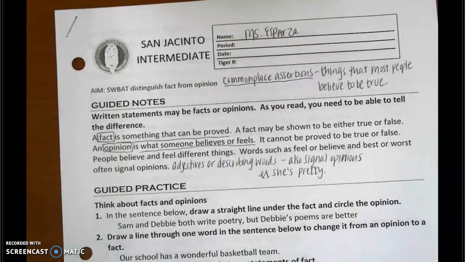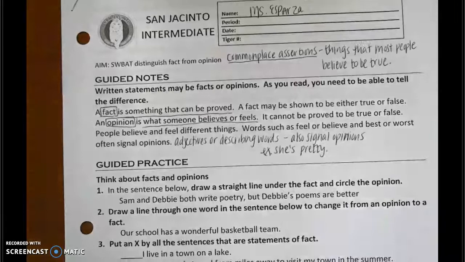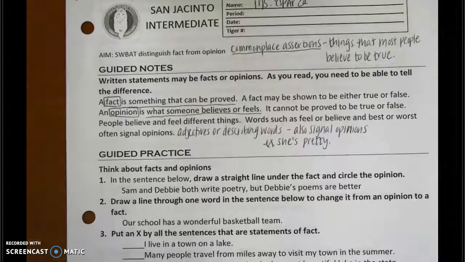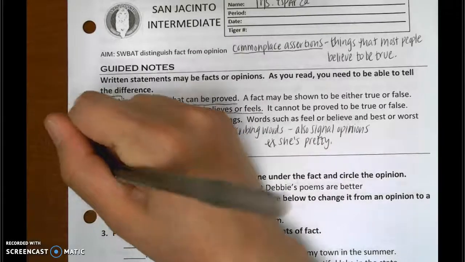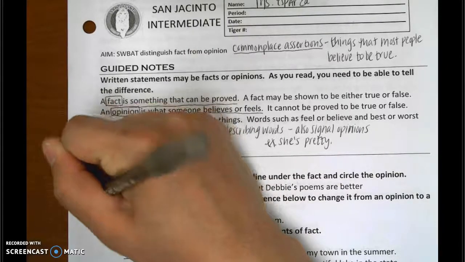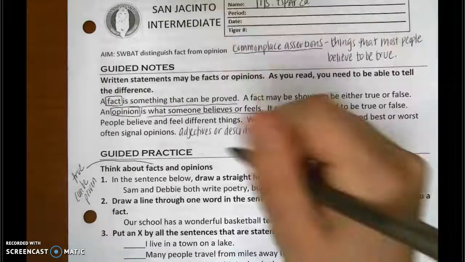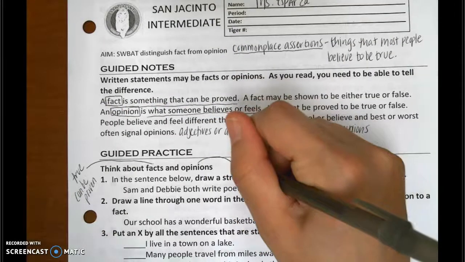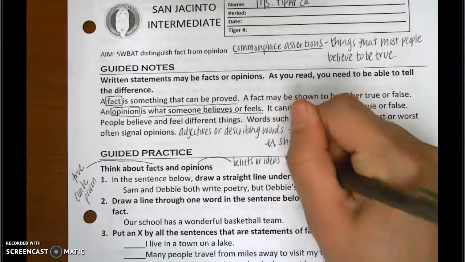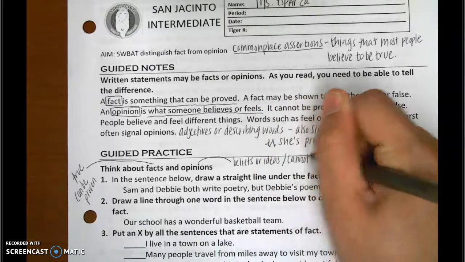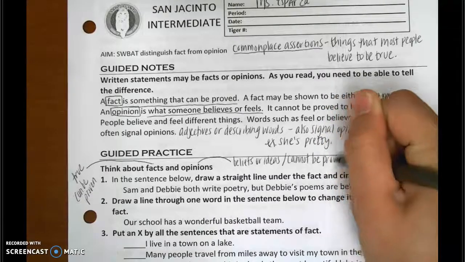Now let's take a look at our guided practice. Think about facts and opinions. Remember, facts are true, can be proven. Opinions are beliefs or ideas and cannot be proven.